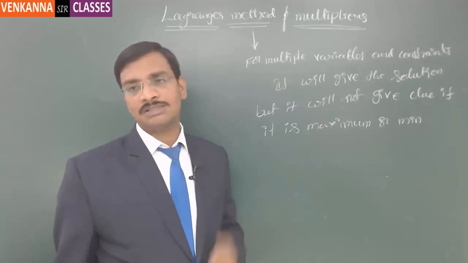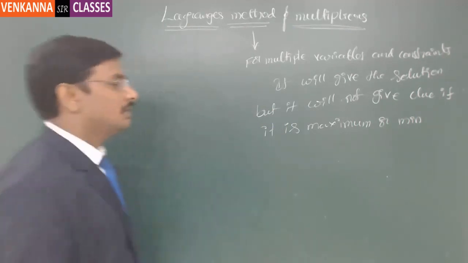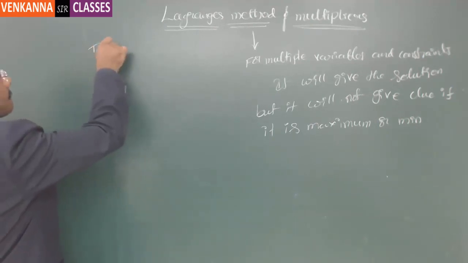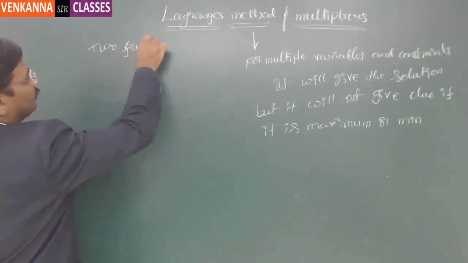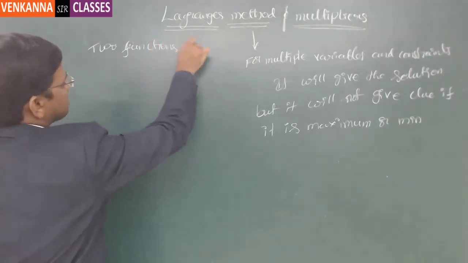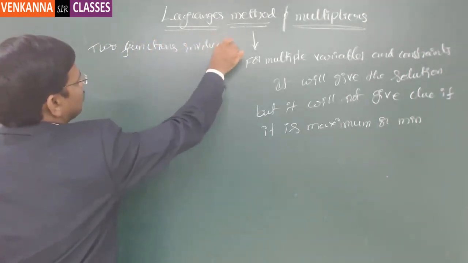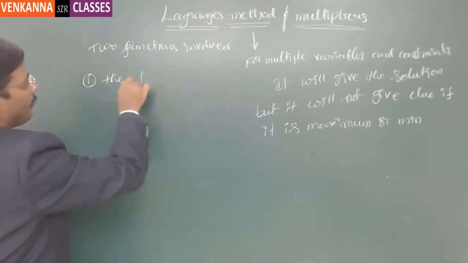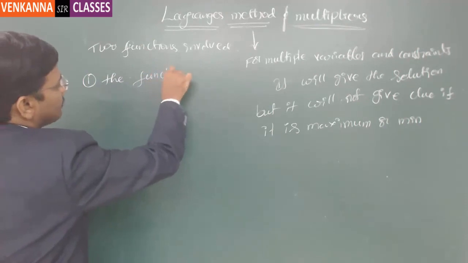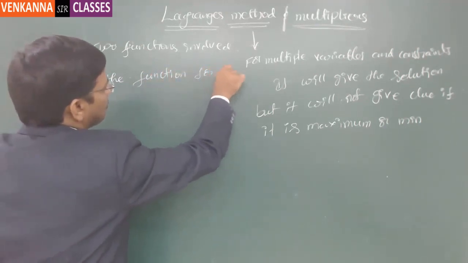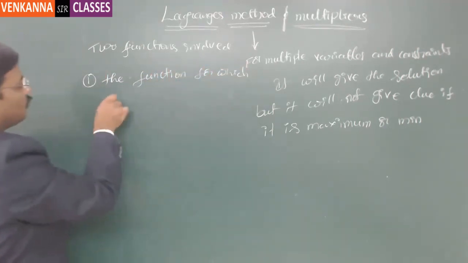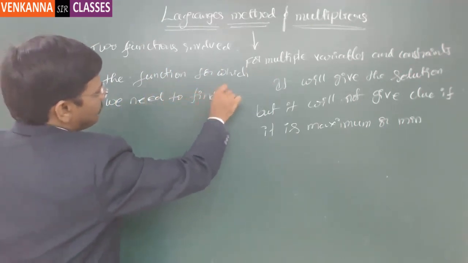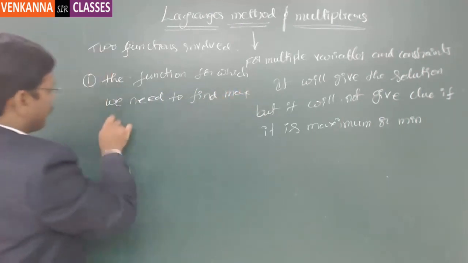That means there are some multipliers coming into the picture. Now let us say there are 2 functions involved. The first function is the function to maximize or minimize, the function for which we need to find the maximum or minimum.